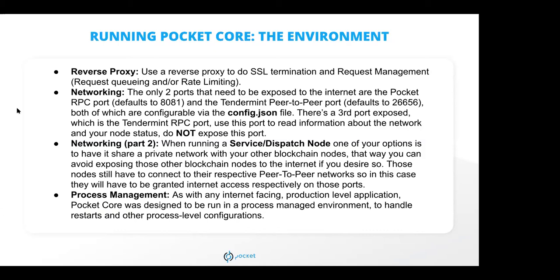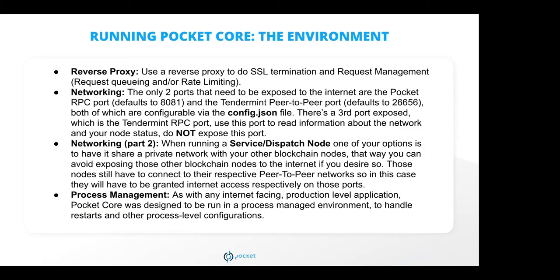The second portion is going to be networking. And networking is subdivided into 2 parts. The first part is which ports need to be exposed to the internet. Those are the Pocket RPC port, which defaults to port 8081, and the Tendermint peer-to-peer port, which defaults to 26656.